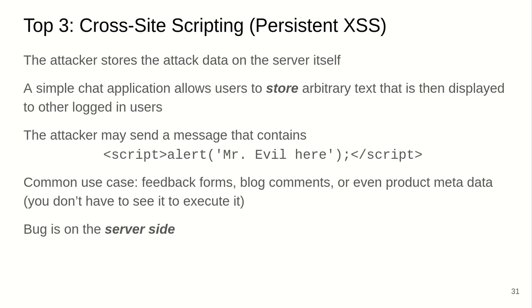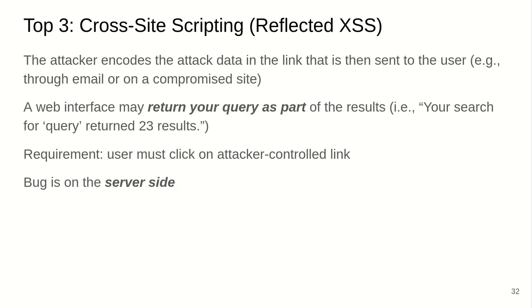This is being stored on the server, and as individual clients pull the latest messages, the message is sent to all of the clients where it is executed on their end, triggering the JavaScript command on their systems. This could be feedback forms, blog comments, or even product metadata. So you don't have to see it to actually execute it. Here the bug is on the server side where the filtering is not being done.